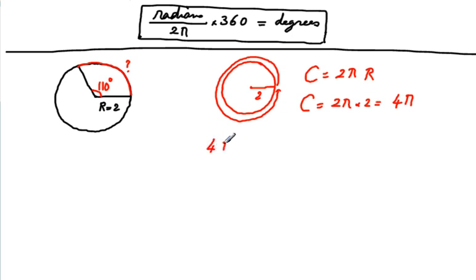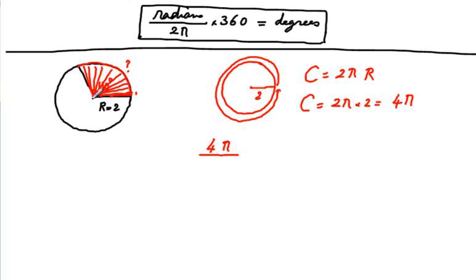4 pi is the whole thing. If I just go a little bit, just 1 degree, what should I divide this thing by to figure out how much I have traveled if I just go 1 degree? Take your circle, how many pieces should I make out of it so that this will be 1 degree?